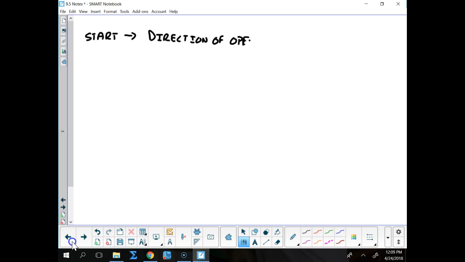What do we look at? Whichever one comes before the subtraction sign, right? So X comes before the subtraction sign, left and right. Y comes before the subtraction sign, up and down. Okay? Right?